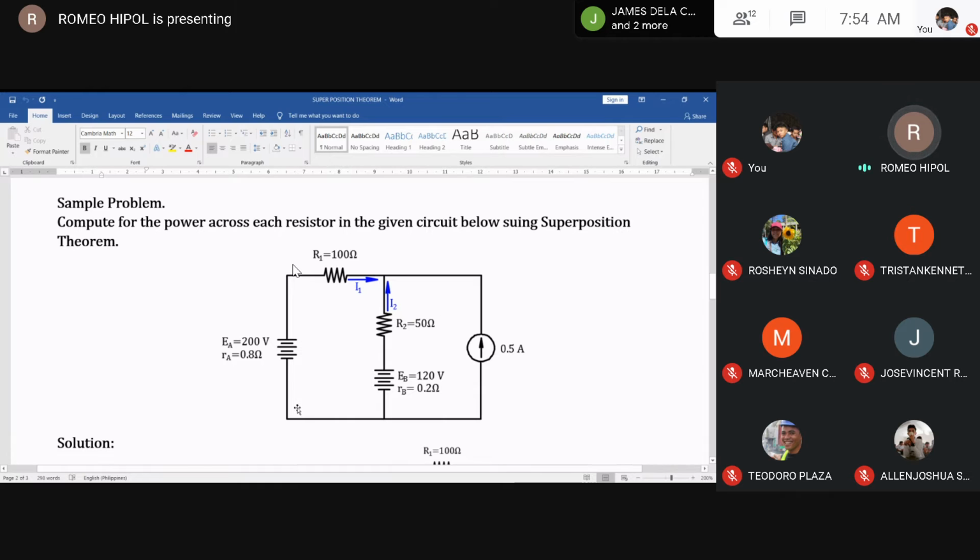While for the effect of E sub A, the current circulates clockwise to return to the negative terminal. Understood?